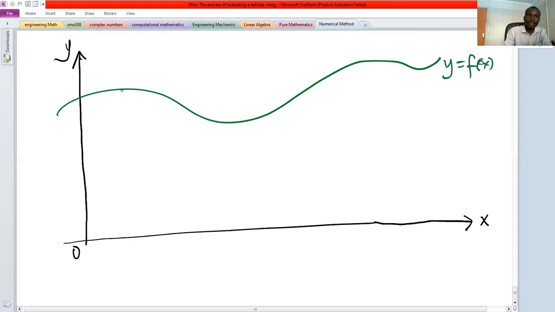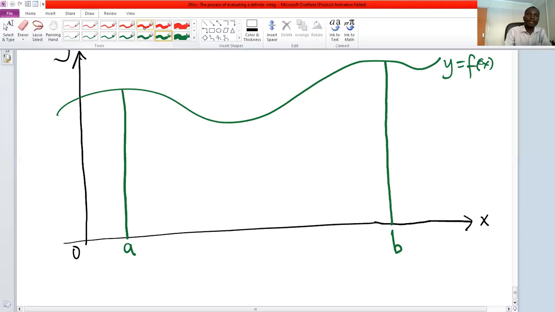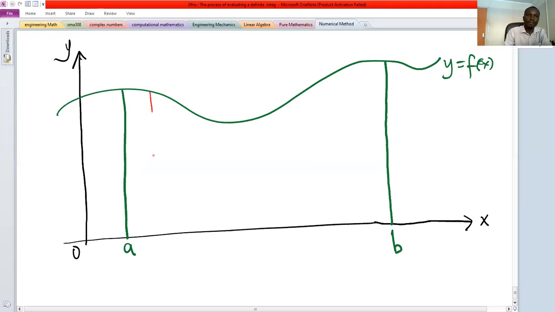We are interested in integrating from a to b, so we divide this region into a number of sub-intervals.